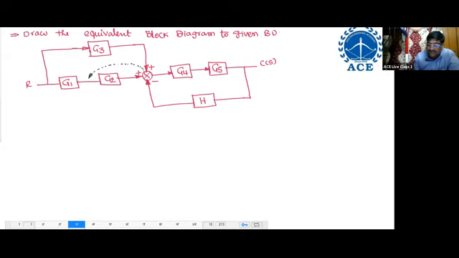We can solve by SFG also, but practice. Not the equivalent transfer function. You draw the equivalent block diagram.